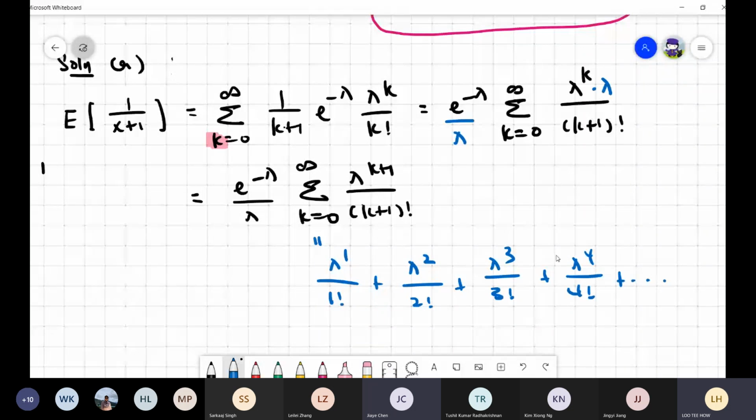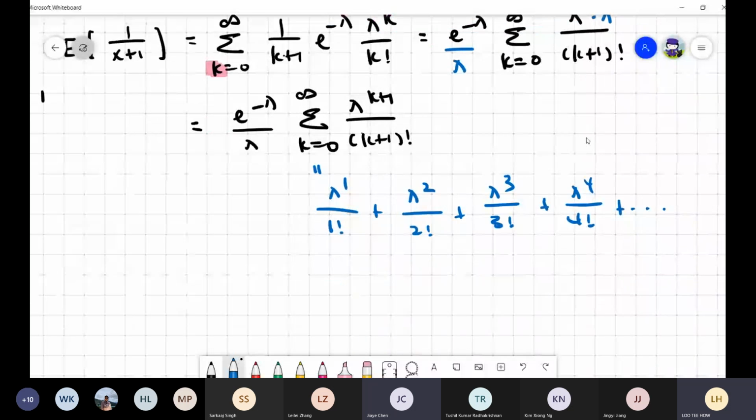If you expand it, substituting k equals 0, 1, 2, 3, and so on, you can express this with a running index beginning with 1. So this can also be expressed as this.